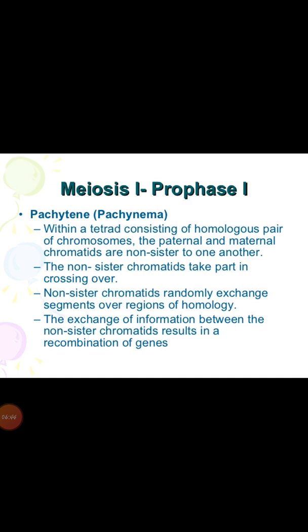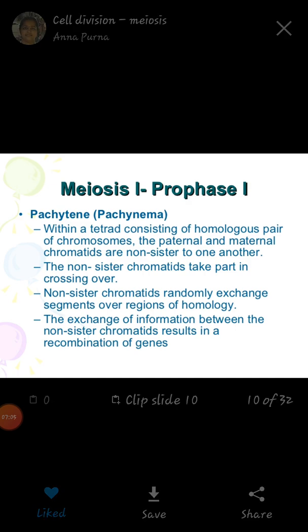Exchange of information between non-sister chromatids results in recombination of genes. So in pachytene, thickening of chromosomes and crossing over take place, and recombination of genes occurs.